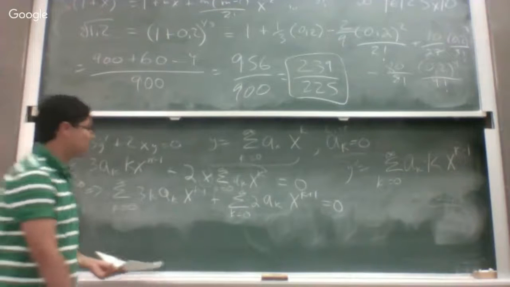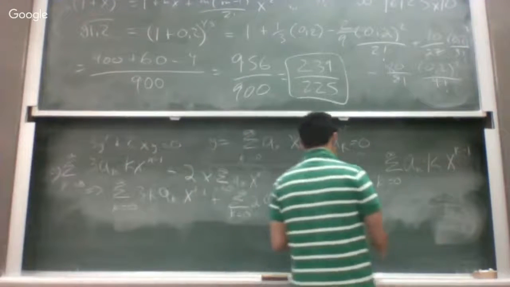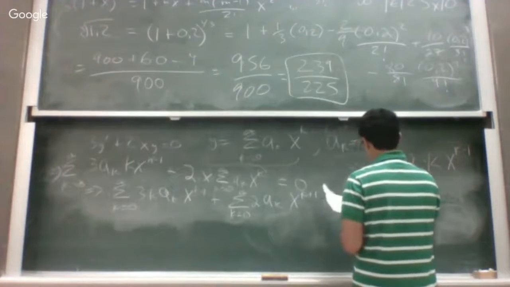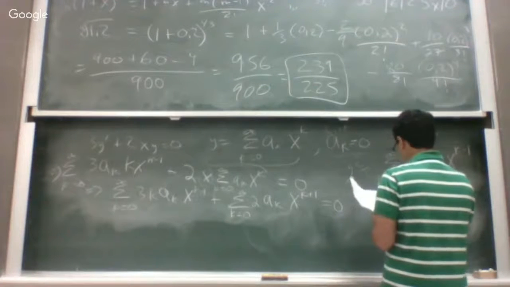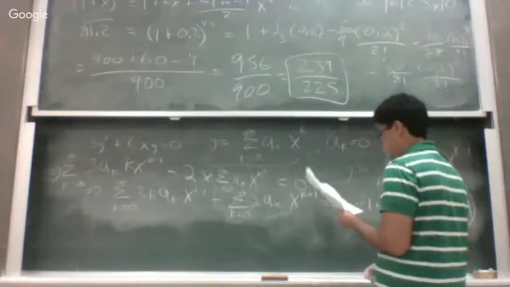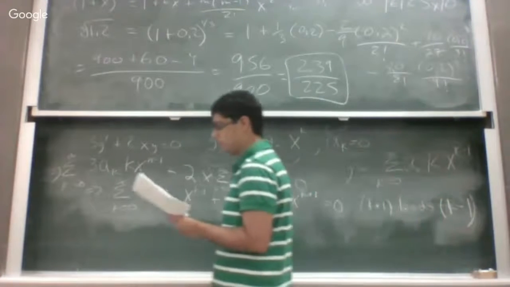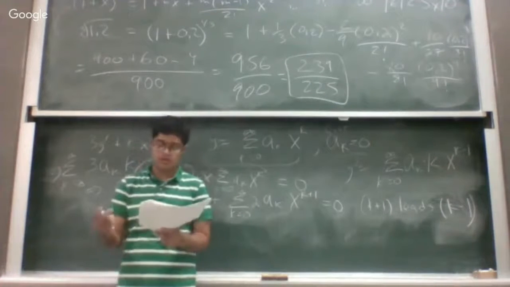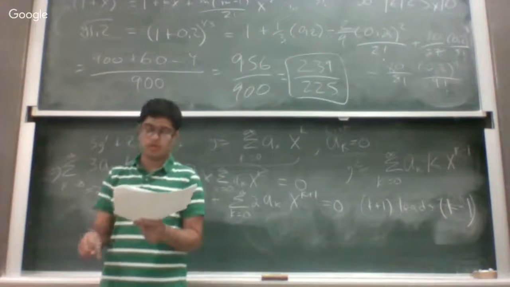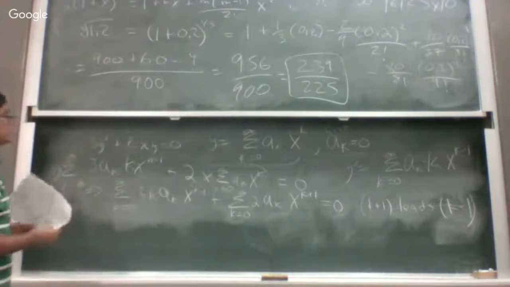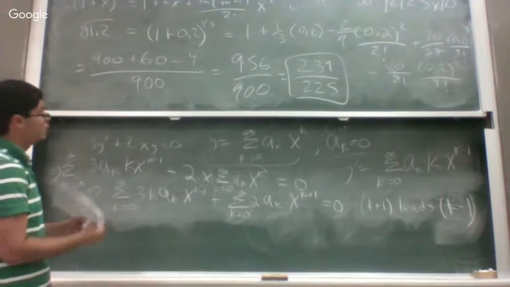And you have to realize that k plus 1 leads k minus 1. It leads it by how many terms? 2. So we have to take the first 2 terms out and then replace k with k plus 2.